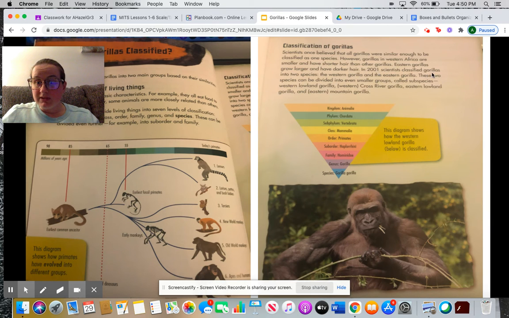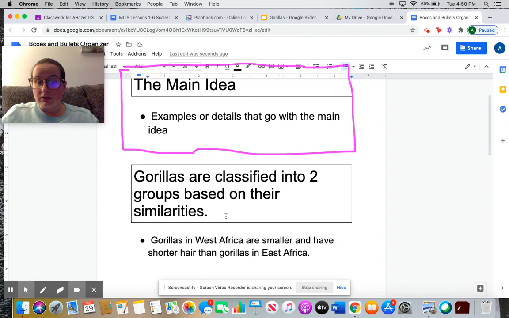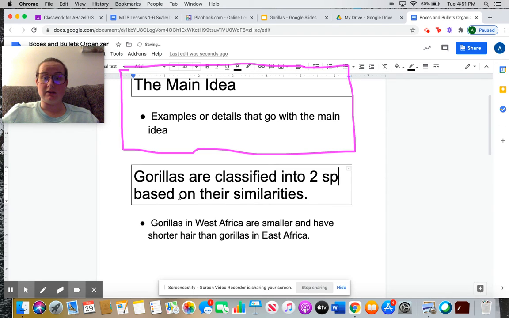In 2001, scientists classified gorillas into two species. Oh, all right. Remember, that's our main idea. We're classified into two groups, or I can change this. Species.